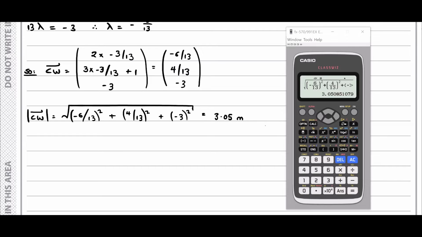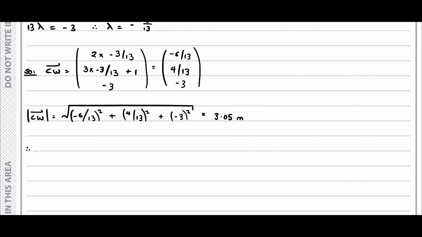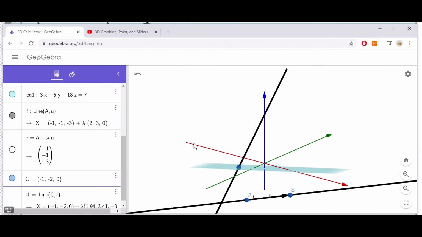And therefore, that in centimeters, we can conclude that the shortest distance is 305 centimeters.